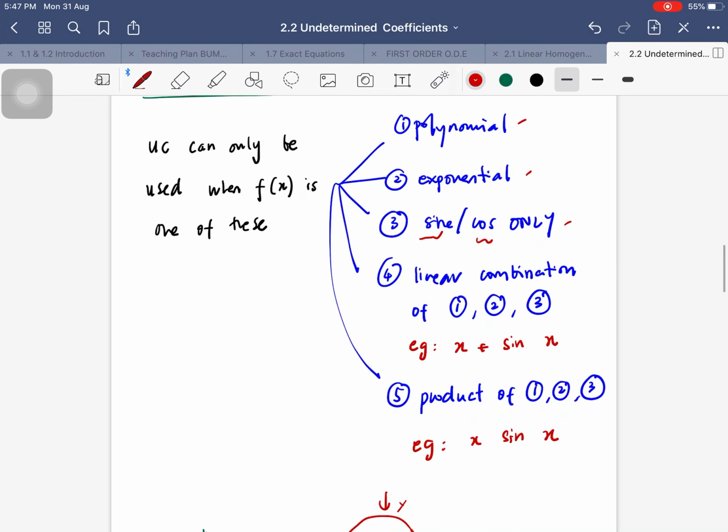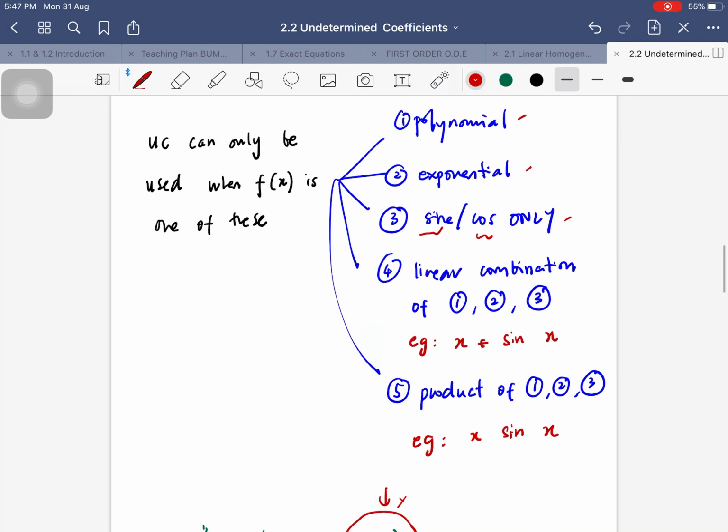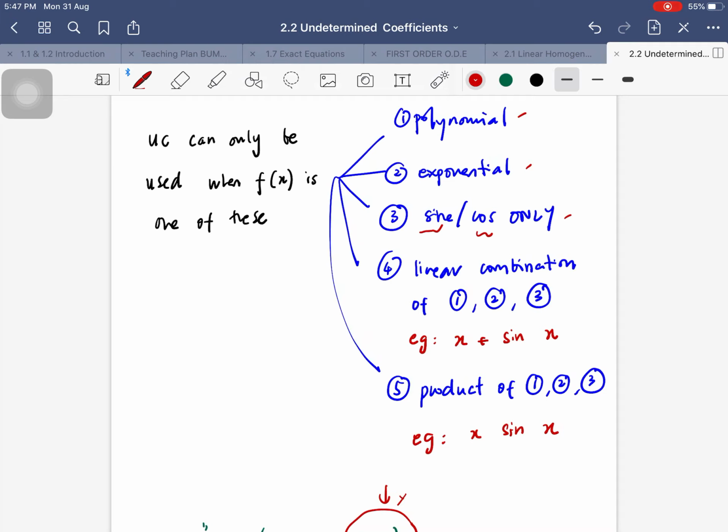You can also use undetermined coefficient when you have a linear combination of these cases. What is a linear combination? Your functions are combined together with plus or minus. For example, x is a polynomial, and then sine or cosine, so x plus sine x or x minus sine x is called a linear combination.